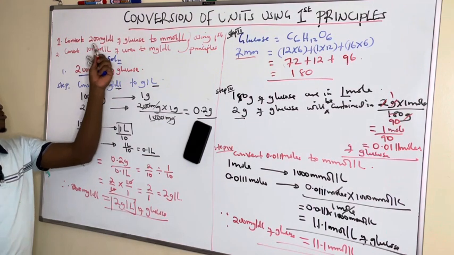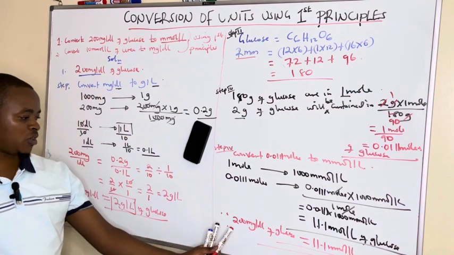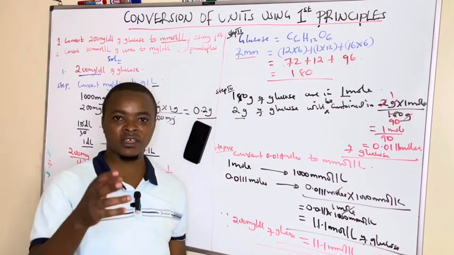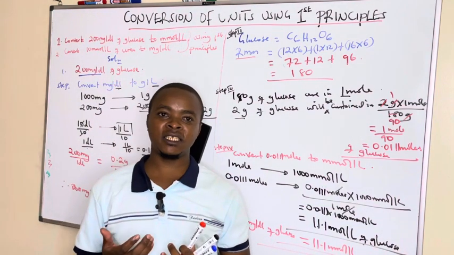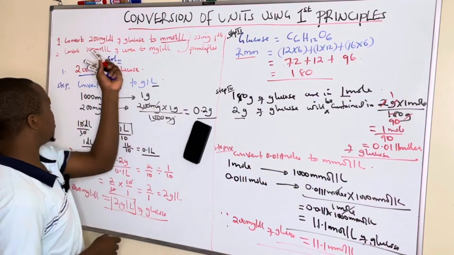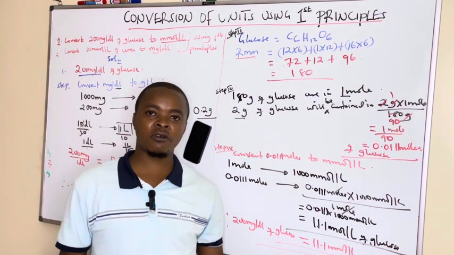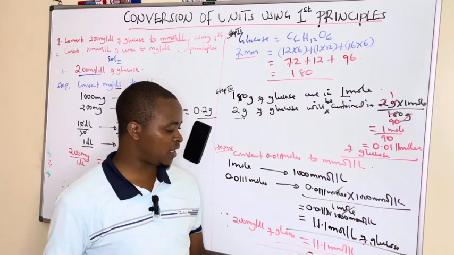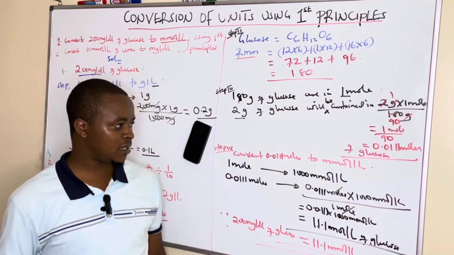So converting 200 milligrams per deciliter of glucose to millimoles, we have found out that 200 are equivalent to 11 point, and after getting this answer, we can always check it by dividing by 18. When you get 200 divided by 18, you can check if you are right. And when we do it, we find that it will give us 11.1 millimoles per liter.